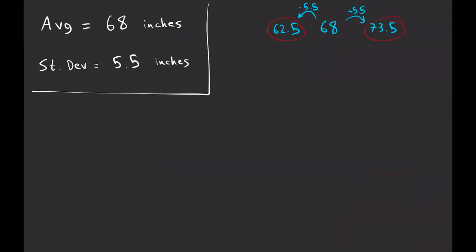So now we can say that 68.27% of males, I guess, because we're talking about the average height of a male, would have a height between 62.5 inches and 73.5 inches.